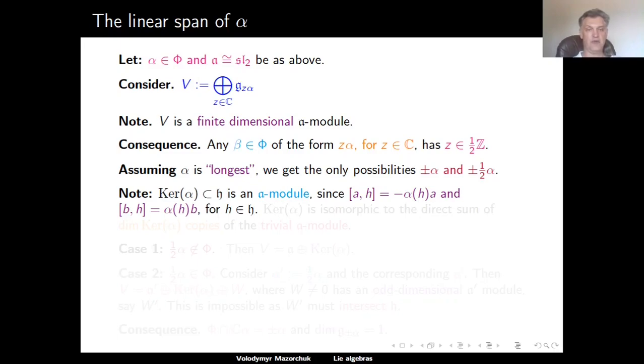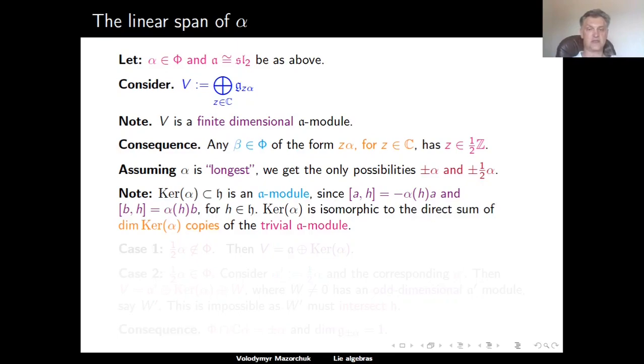Similarly, the bracket of B with this H is also 0. So all elements in the kernel of alpha are killed by both A and B, so they form a submodule which is just a direct sum of trivial A modules. And the number of summands is, of course, the dimension of this module.